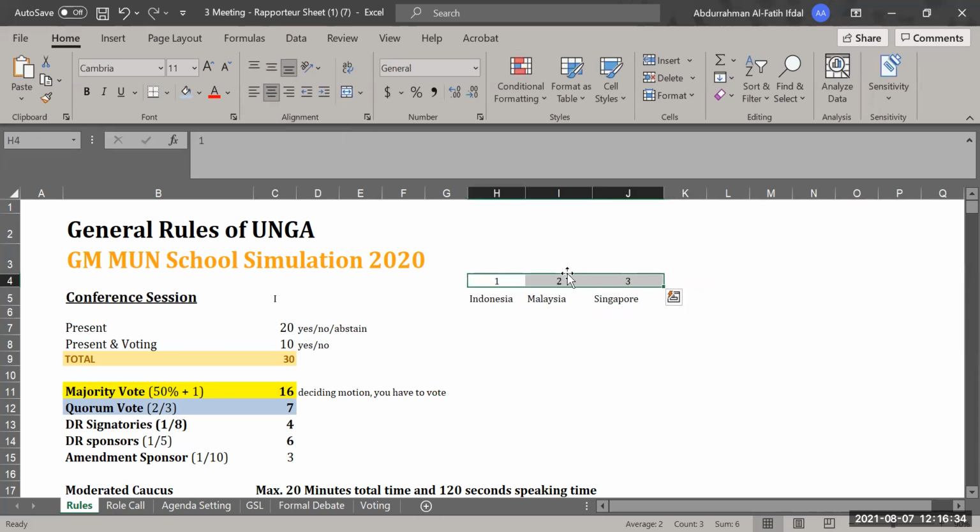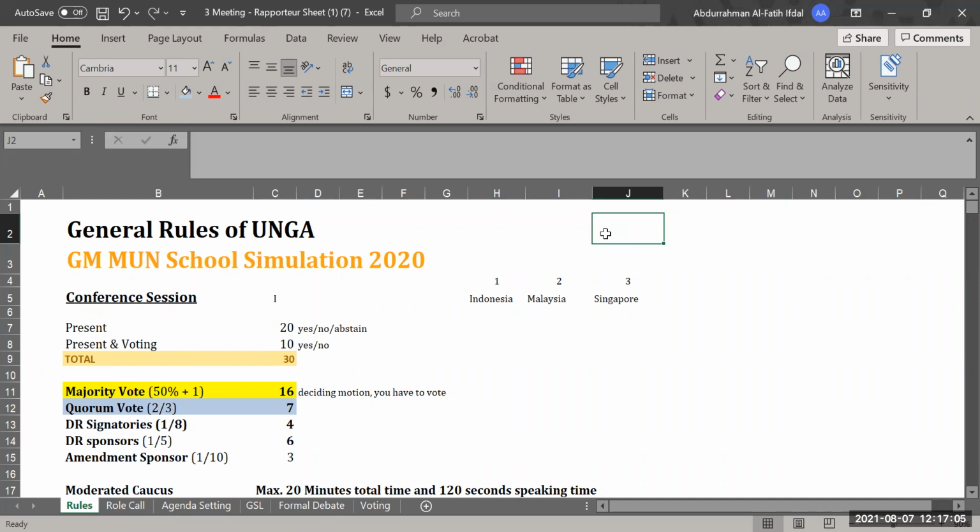When I say proposing first, proposing second, it basically means the line of order, the queue list. The chair will ask any country who wishes to propose a point or motion, or simply ask for any points or motions on the floor. So they're asking the floor, which is the total delegates, to propose a point or a motion.